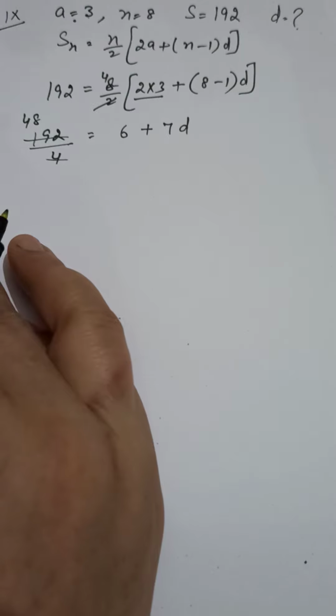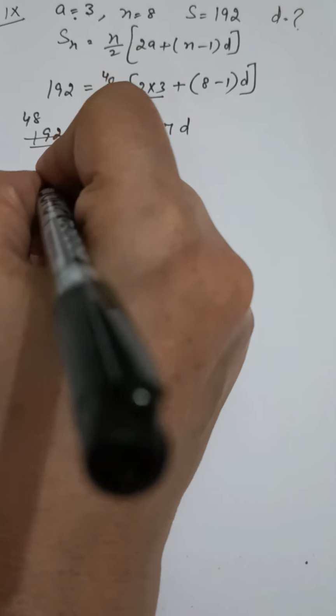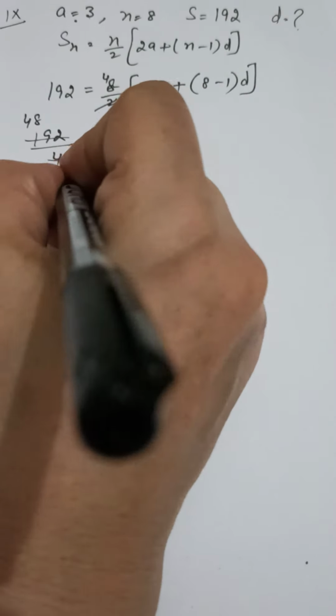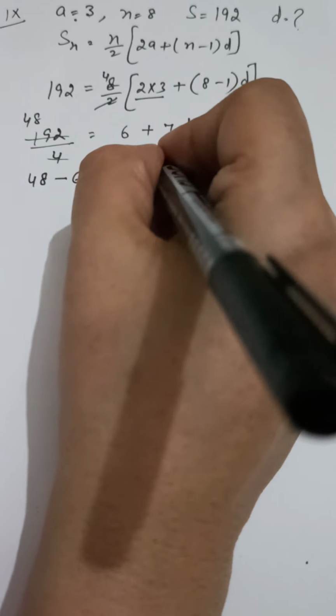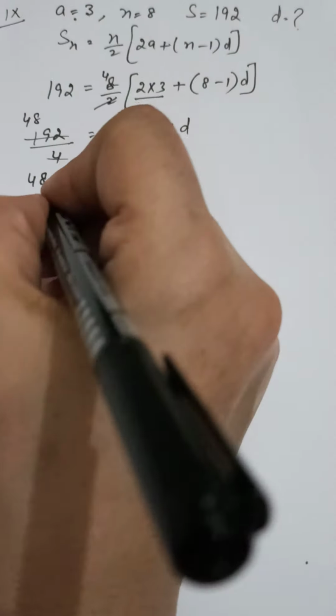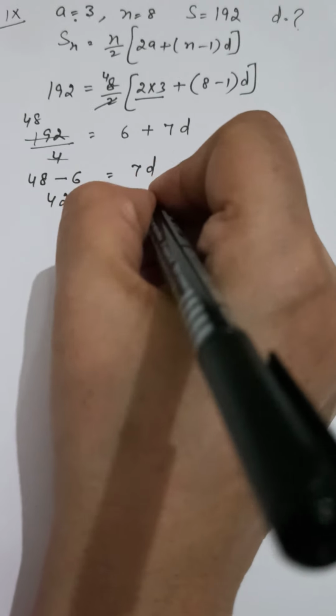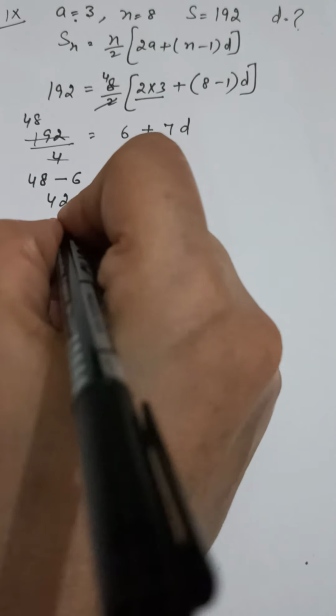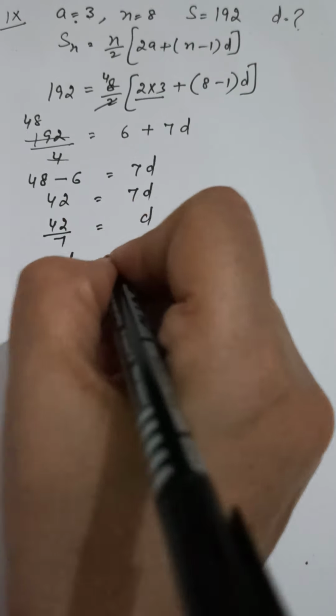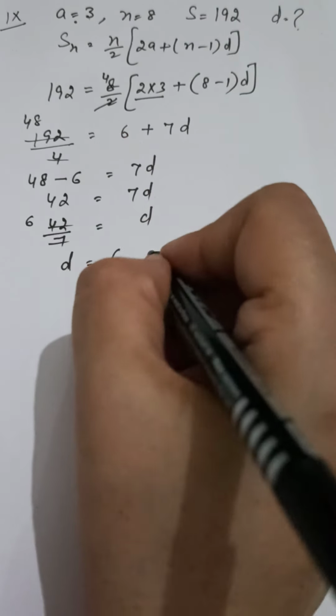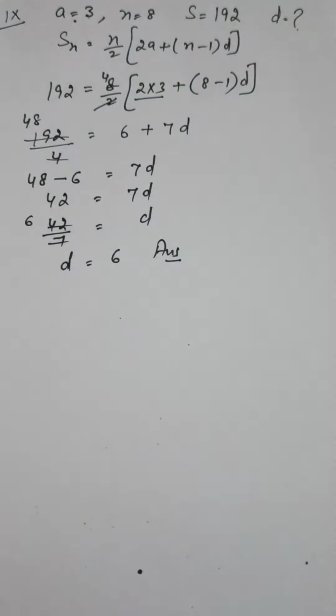It means 48. 6 moves to this side, minus 6, that is equal to 7d. 42 is equal to 7d, then what is d? 42 upon 7, d is equal to 6. That is your answer.